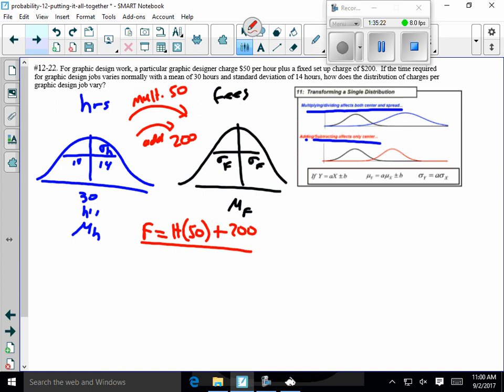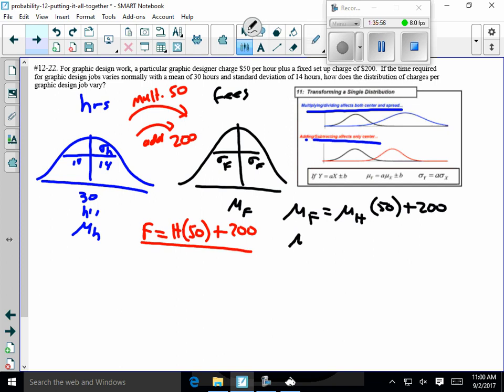So the mean of the new distribution, fees: well, the mean is a measure of center, and we know that measures of center are affected by both the multiplication part and the adding and subtracting. So the new mean will be the old mean, which is the mean of hours, times the multiplier of $50 an hour, plus the $200 fixed fee.